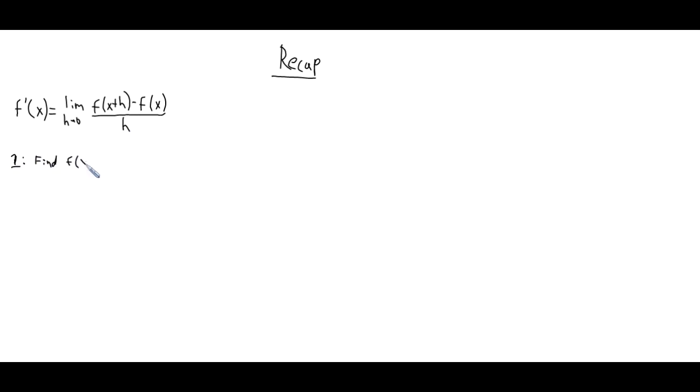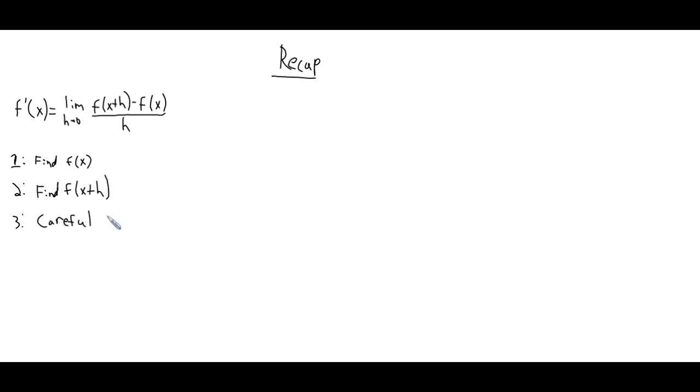And now, finally, let's recap everything. So, the derivative. f prime of x equals the limit as h approaches 0 of f of x plus h minus f of x, all divided by h. Okay, so how do you find the derivative? You first find f of x, well, that's probably given to you. You then find f of x plus h by plugging in x plus h everywhere where there's an x.